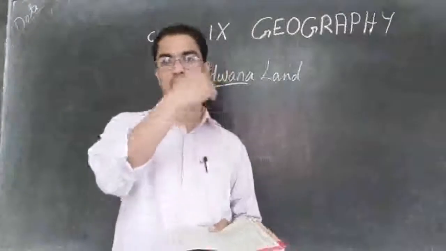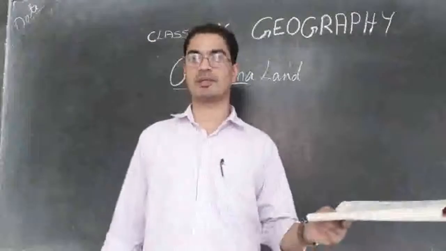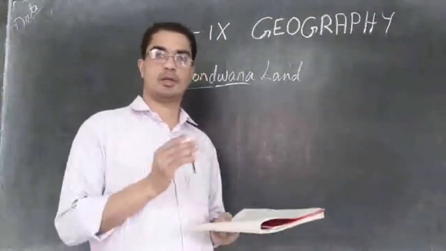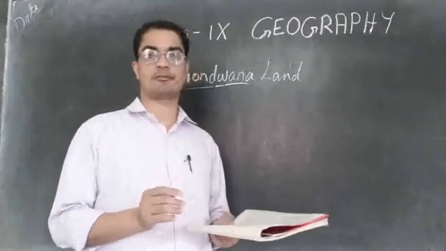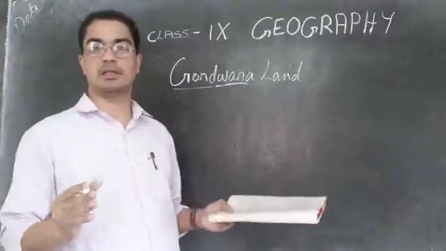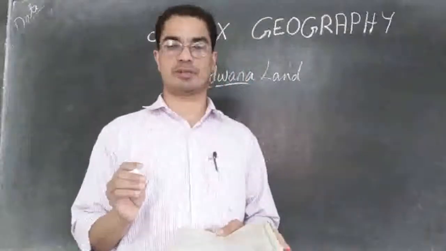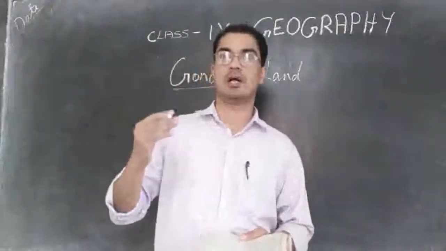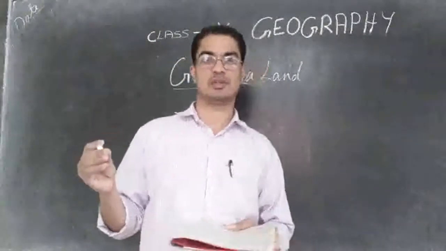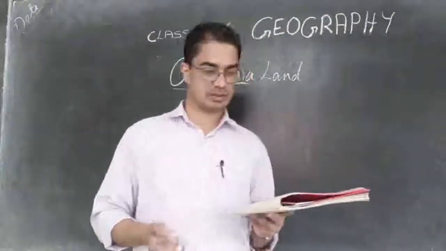All these things we are talking about happened millions of years ago, not just last year or 100 years ago, but millions of years ago. So among the lands in India, the peninsular part is the oldest landmass. Other places are relatively new. They may be a few million years old, but the peninsular part is several million years old.